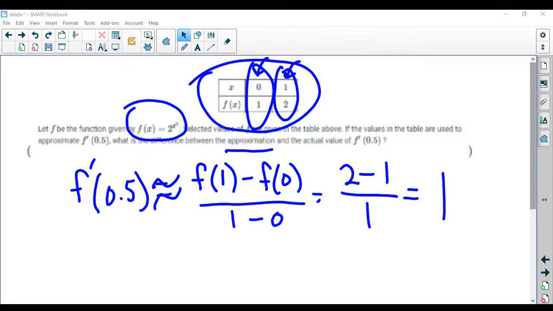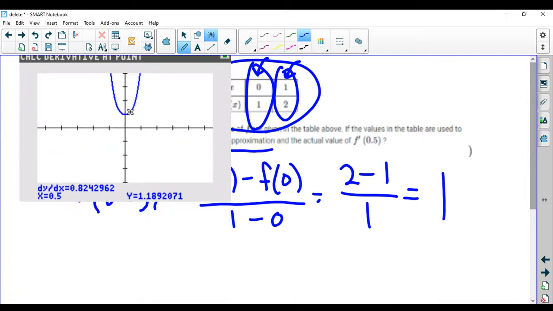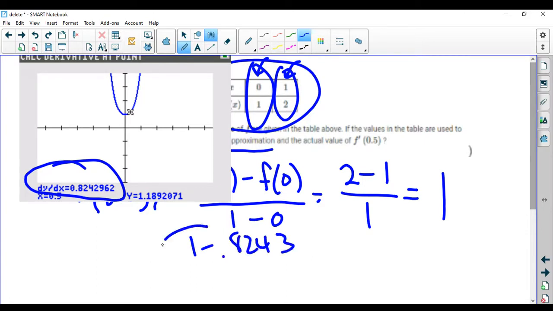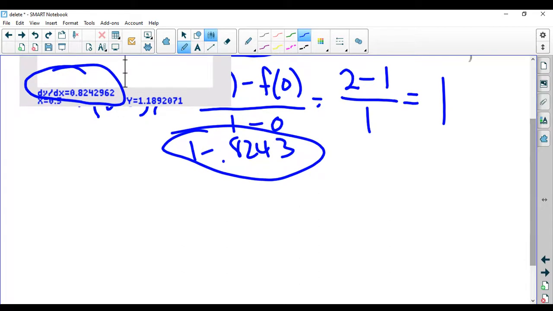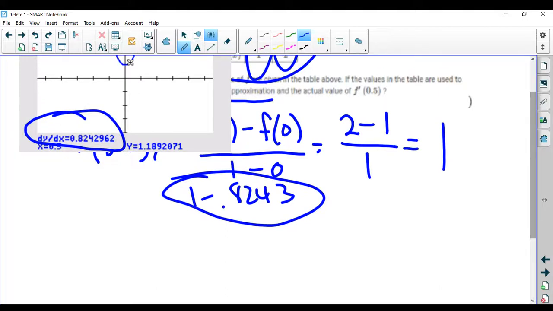It says the derivative is equal to 0.8243. So the difference between the actual derivative and the one we approximated is 1 minus 0.8243, .1817-ish. That's it.